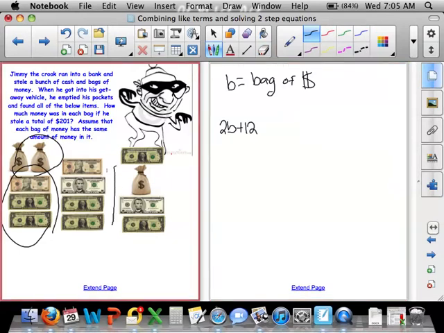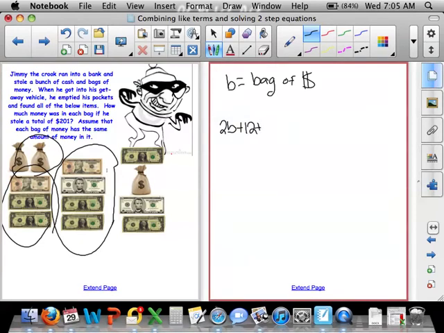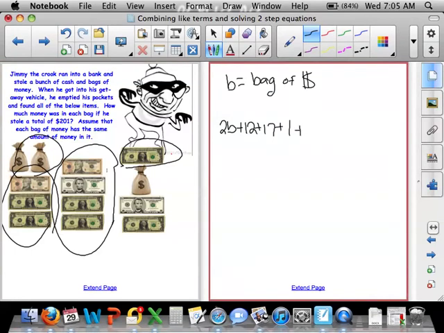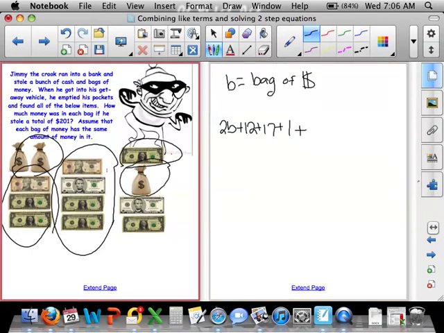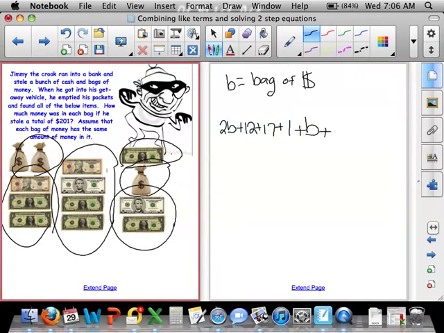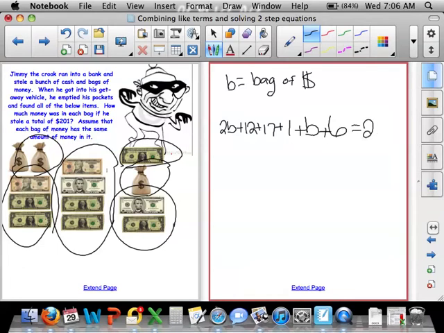And in this column we had $17. Then we had $1, one bag of money, and $6. And we knew that in all he stole $201.